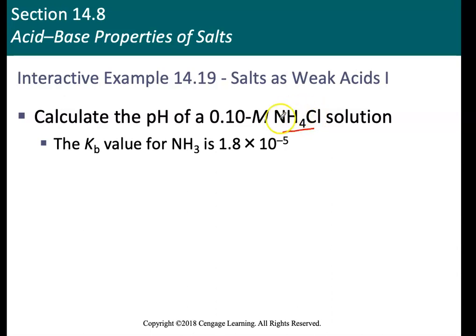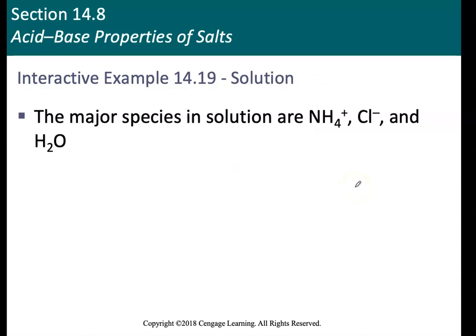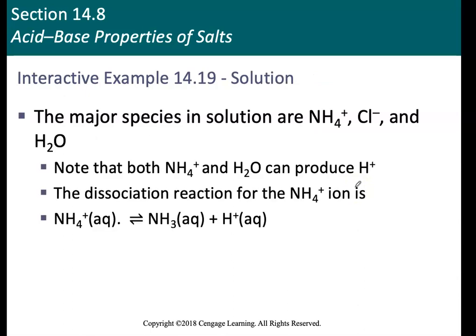Now, the conjugate base of this is going to be strong, so we will have to consider the Kb value, and that is the Kb value of NH3. So let's set up this calculation. This is the dissociation reaction of the NH4 ion.